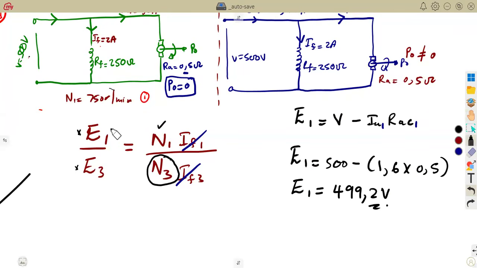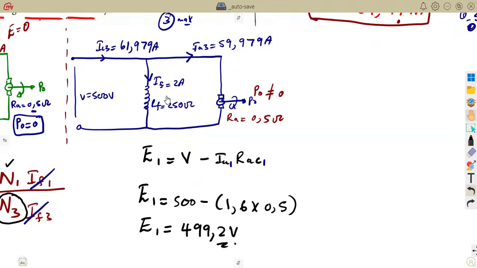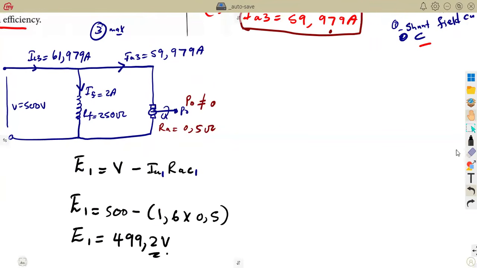So we have this. We need E3. From the maximum condition diagram, E3 can be determined. So what will be our E3? Just like this one, E3 is V minus the armature current times the resistance of the armature circuit at maximum efficiency.